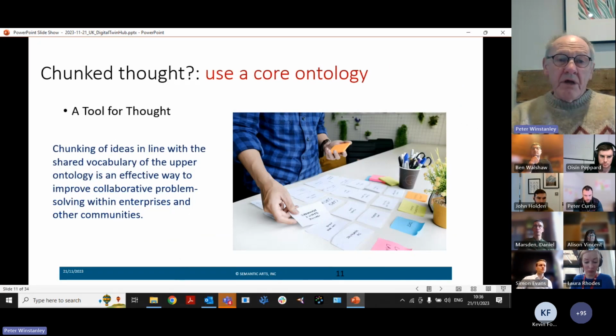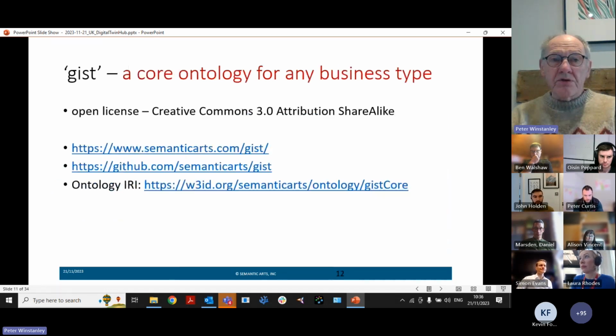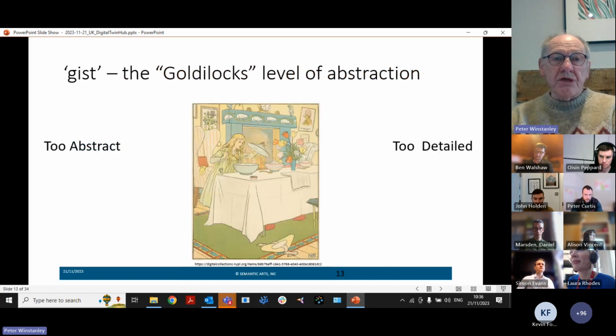And as you have a lingua franca of a small number of terms, you can use these to chunk thought. We use the GIST ontology, and it's there for a core ontology for any of the business types for which we're creating an ontology. It's available on a Creative Commons license. And this means that you too can use it.